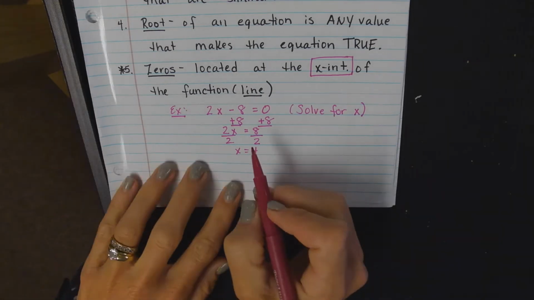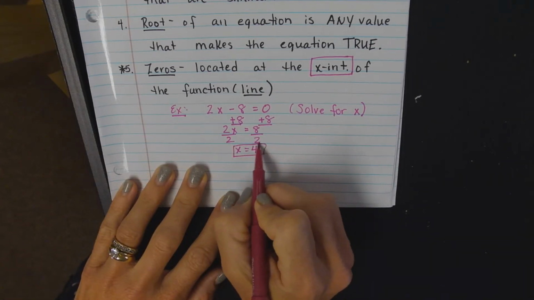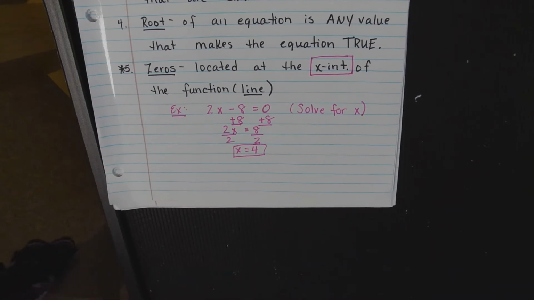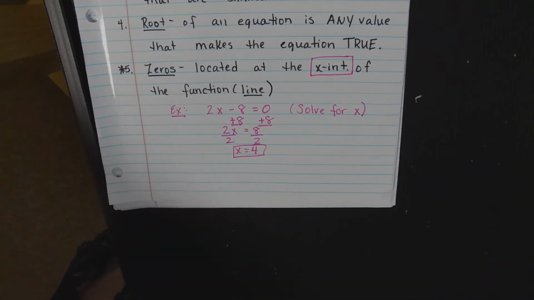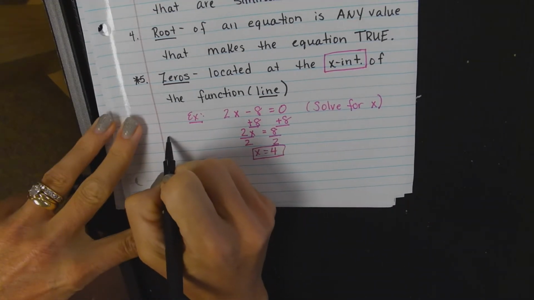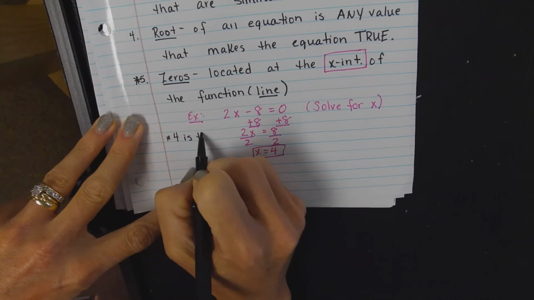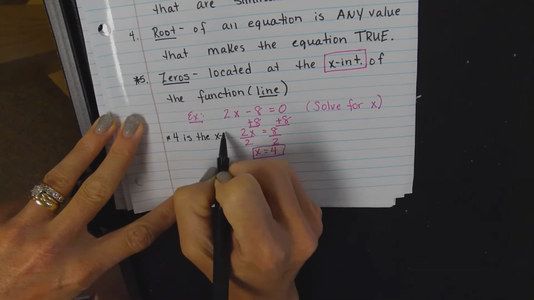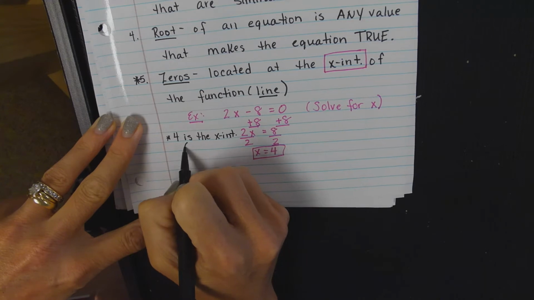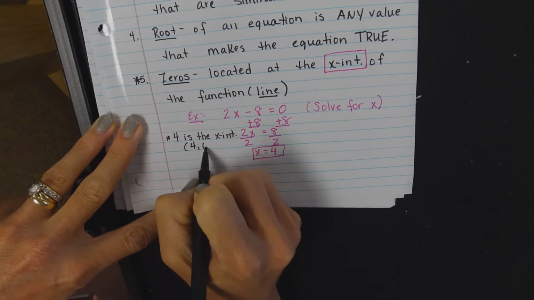So look at this. This is your x-intercept. Four is the x-intercept. More specifically, 4, 0.